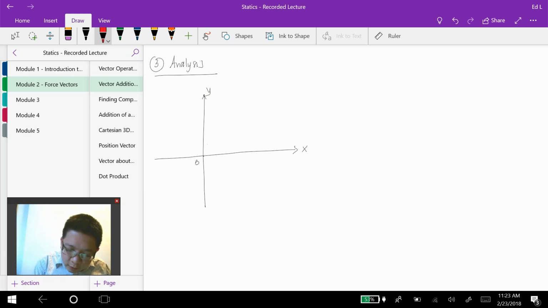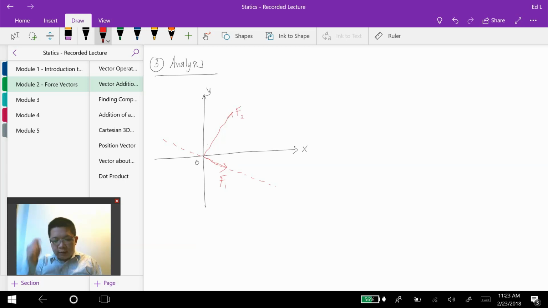So I'm going to slide the force factor F1 along its line of action, right? So I'm going to slide it such that the tail is located at the origin. So this is force factor F1, and then also I'm going to draw the force factor F2. And in drawing these force factors, it's always a good idea to try to draw them approximately to scale.